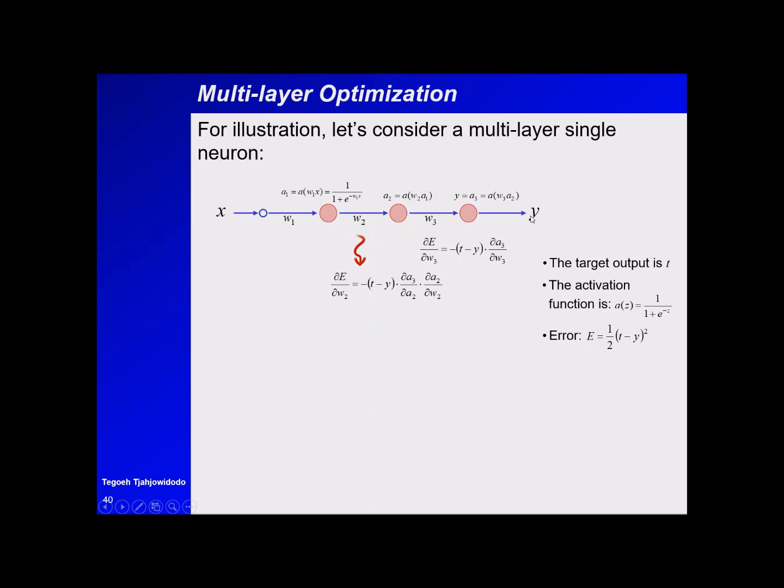So for the first derivative of error with respect to W2, we just apply the chain rule. It will be this one again, negative t minus y, which is the first derivative of E with respect to a3, where a3 basically is y, times the first derivative of a3 with respect to a2, times the first derivative of a2 with respect to w2.